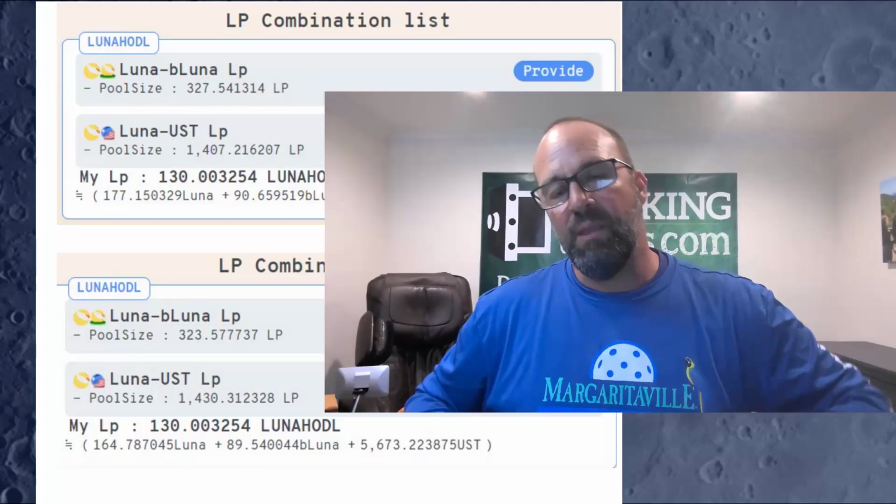And again, when the price of Luna is rising, the stronger pair of this LP of an LP is going to be the Luna because both of those track Luna's value as they rise. Versus in the Luna UST, yes, the value of that pool has to go up, but since half of it is a stable coin, it's not going to increase in value at the same velocity that the Luna is.